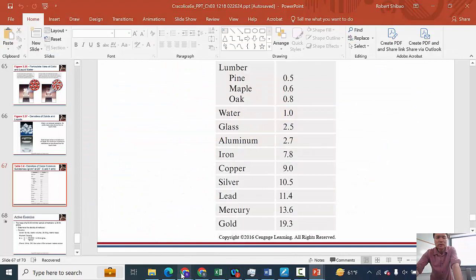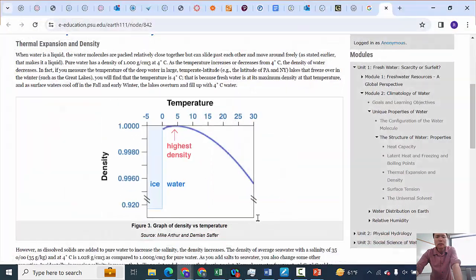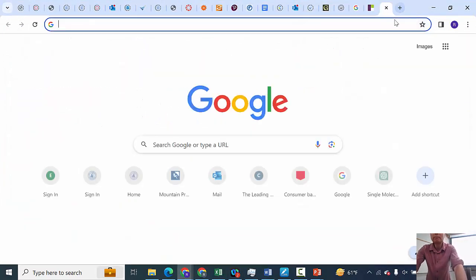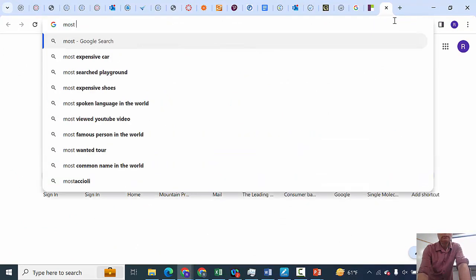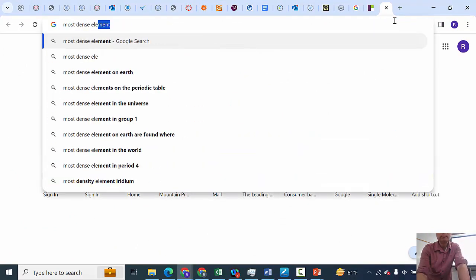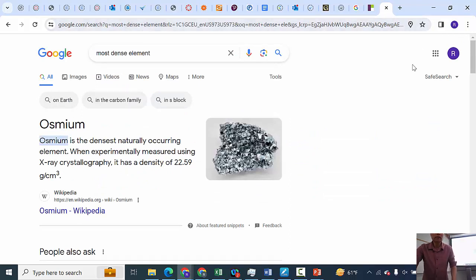Is it iridium that's the most dense, or is it osmium? 22.59 for osmium. Osmium is the densest naturally occurring element. It's not tremendously more dense than gold, you know, about 22, 23 grams per cubic centimeter. But if you had a gallon of osmium, it would be hard to carry.